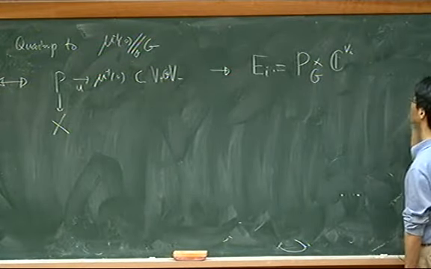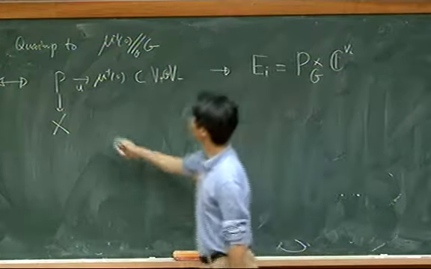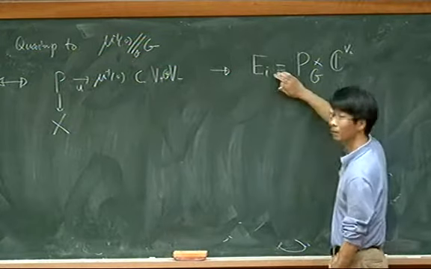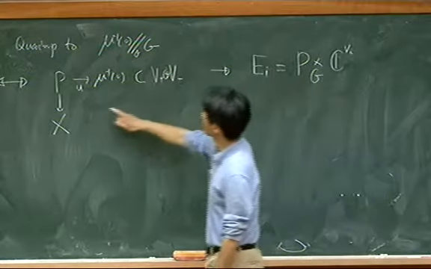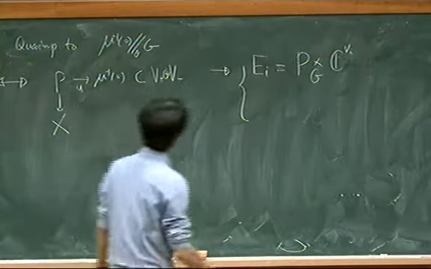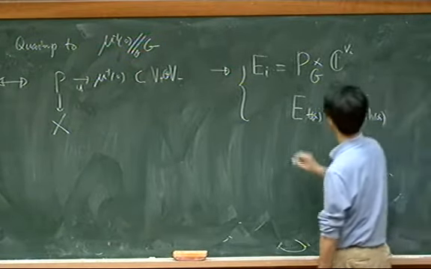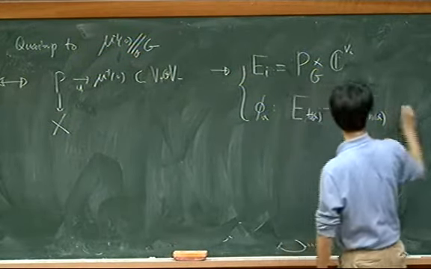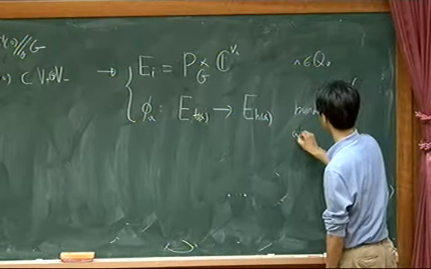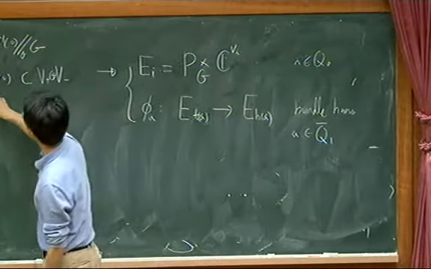So the principal bundle P will give rise to a collection of vector bundles for each vertex i, and this equivariant map introduces a bundle morphism from E_t(a) to E_h(a), but the image is inside of this locus.